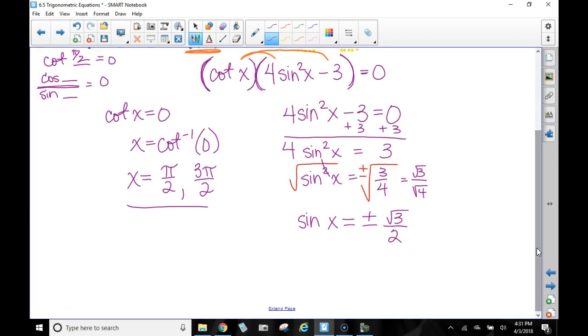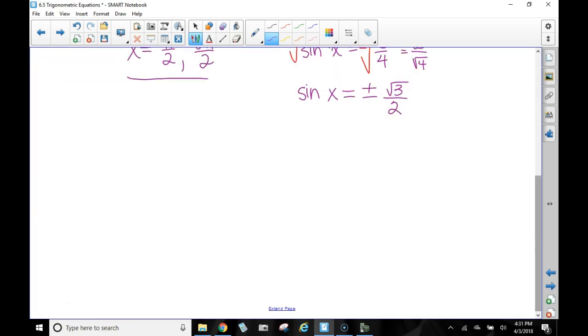Since we actually have two different equations, we're going to want to break this apart into two equations. One is going to be sine x equals positive square root of 3 over 2. The other one is going to be sine x equals the negative square root of 3 over 2.